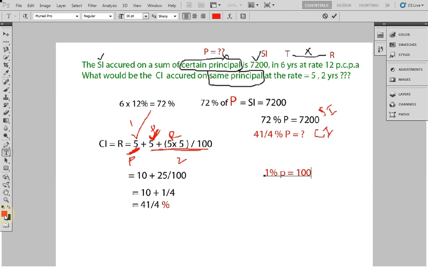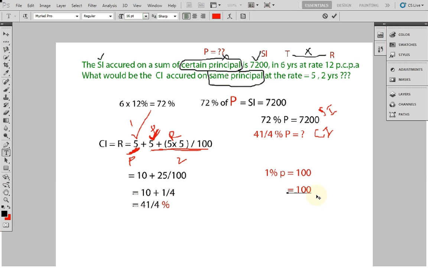So in the same way, we have to calculate 41 by 4% of P. What will it be? It's equal to 100.